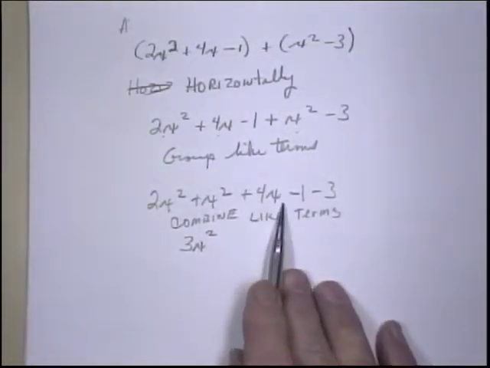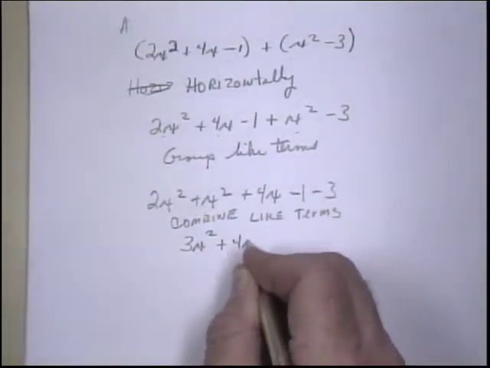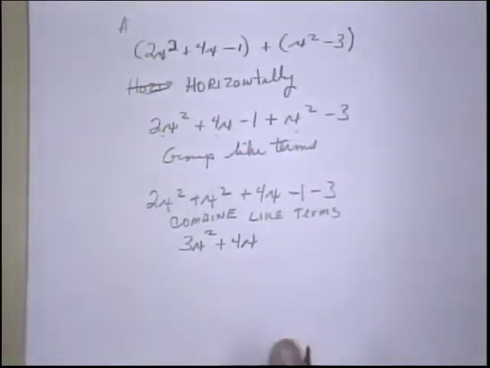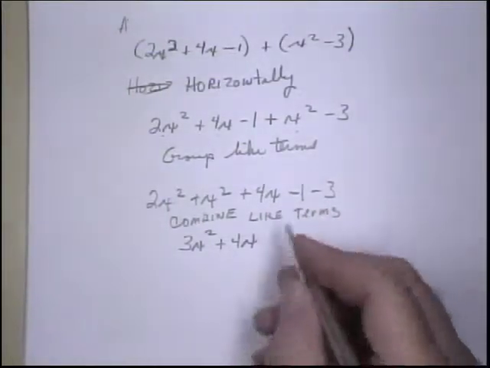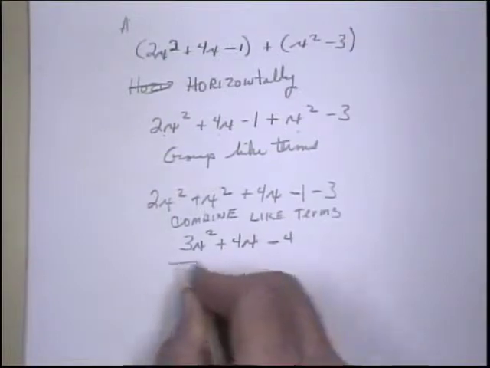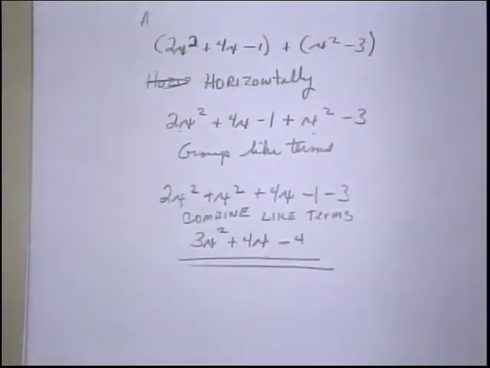Now we just have a single term with x in it, so we just write that down. And then a negative 1 and a negative 3 is a negative 4. So when we add these two polynomials together, this is the answer. And that was an example of horizontal addition.